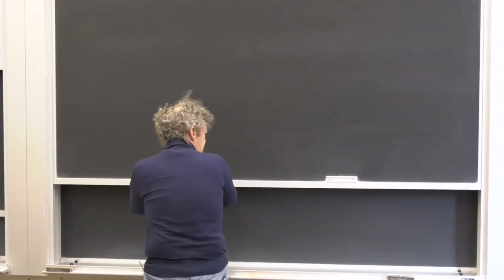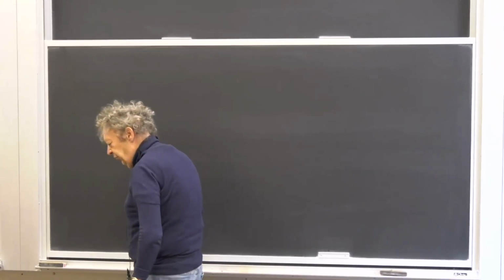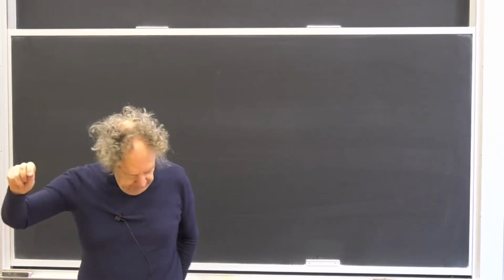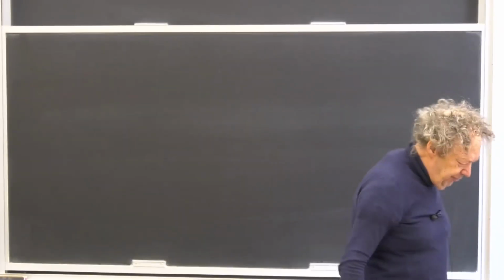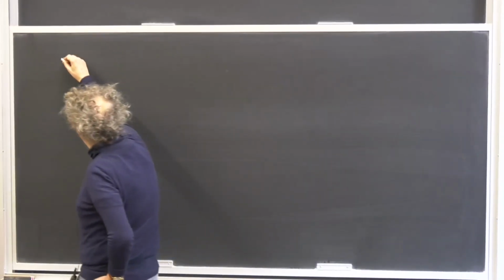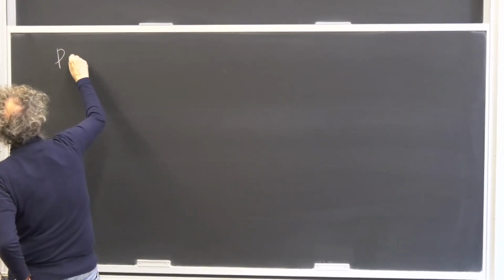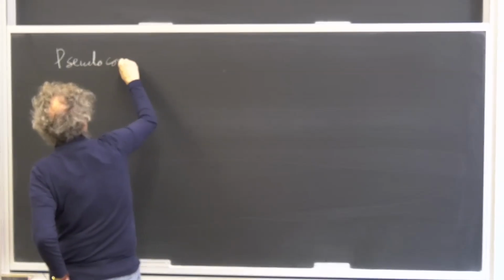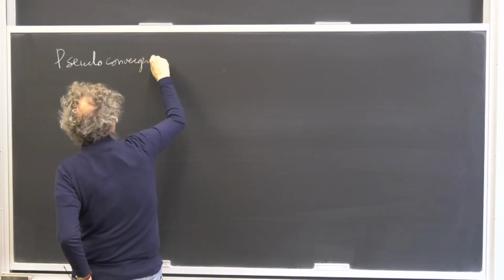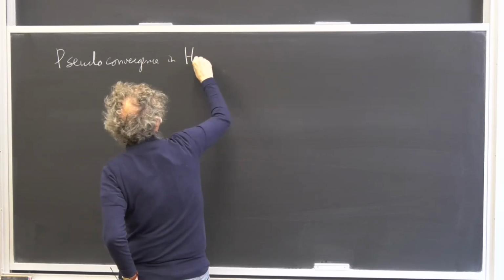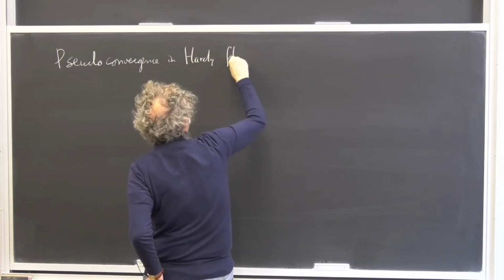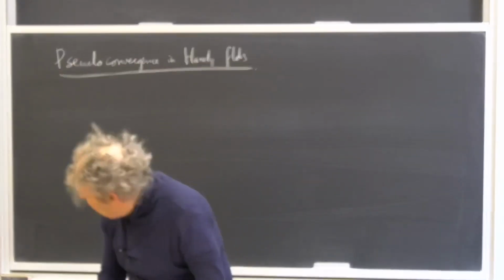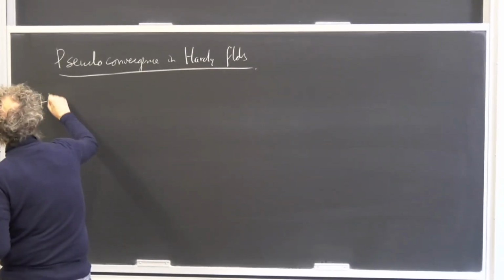Okay, so last time I talked about pseudo convergence and reduced it for Hausdorff fields to something that's more manageable. So now I'm talking about pseudo convergence in Hardy fields. H will be a Hardy field now.